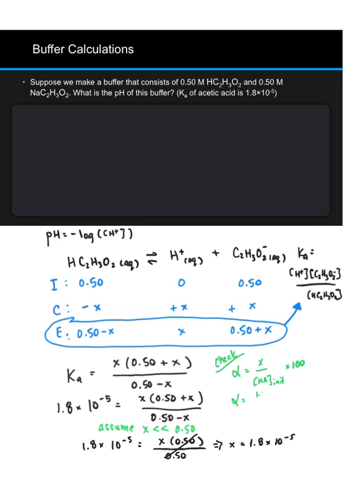Here, alpha is equal to 1.8 times 10 to the minus 5 divided by 0.5 times 100. That's equal to 0.0036%, and because that is less than 5%, that's a good assumption. And we can keep this value of X, and we don't have to worry about solving a quadratic equation.